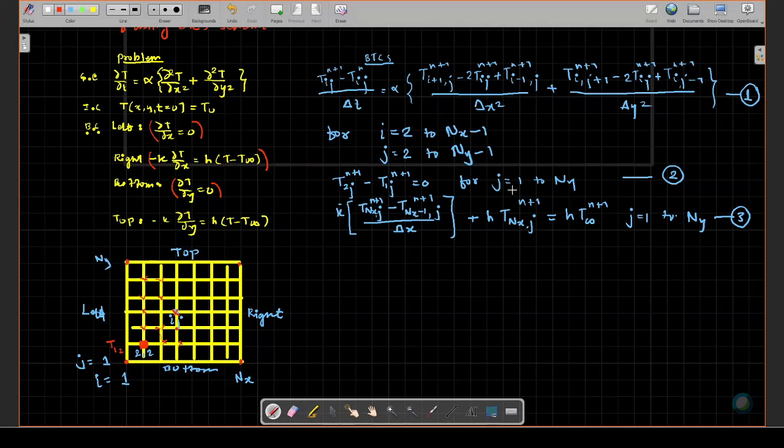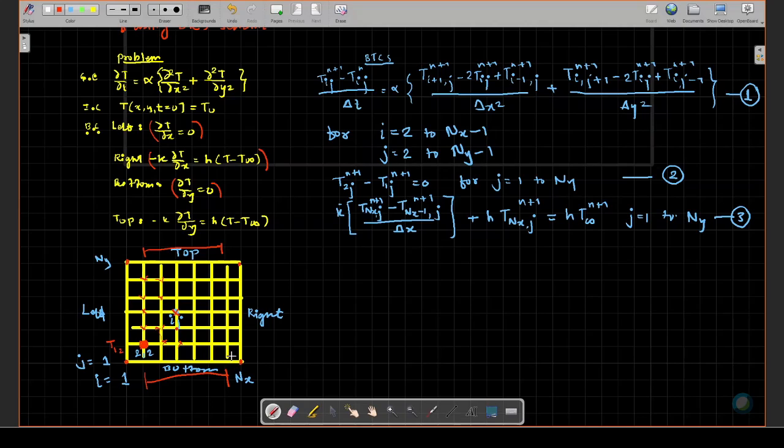In some cases we start with j equals 1 to ny, but when applying the boundary condition I will start from this to this, because when I was taking the left boundary, I have already taken this point. So when I'm taking the bottom boundary, I don't have to take this point. I'll start from this point to this point. You got it?